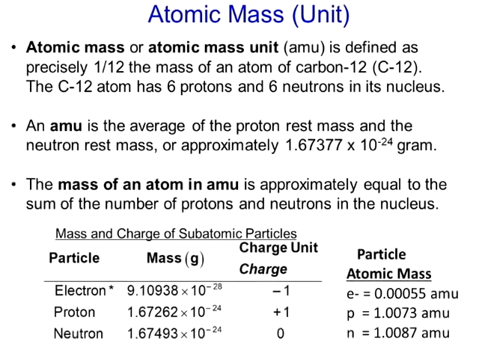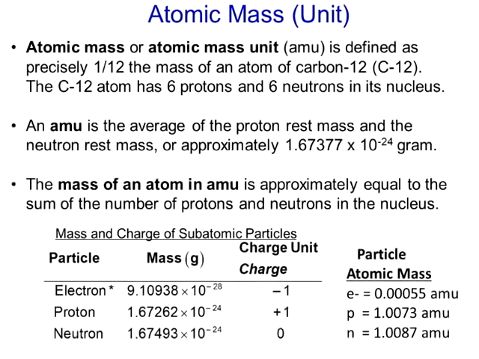Carbon-12 atom has 6 protons and 6 neutrons in its nucleus. Therefore, it has a mass number of 12. There it is, why we call it carbon-12. Okay? But the 12 is not its atomic mass. Neither is it its atomic mass unit. Okay? Keep that in mind. It'll become clearer as we go.